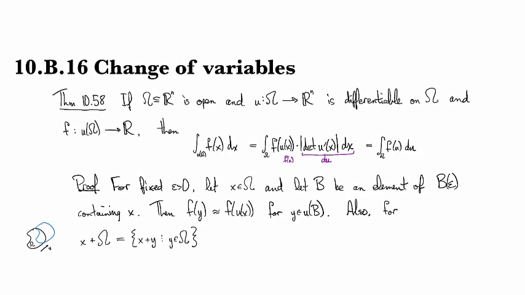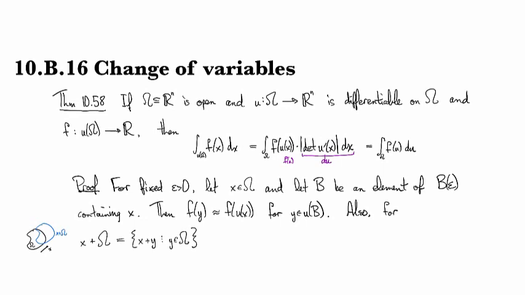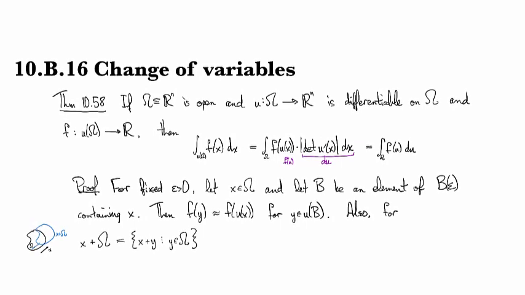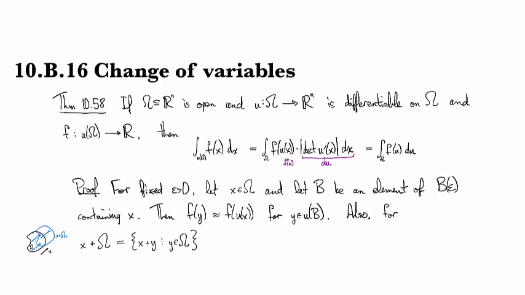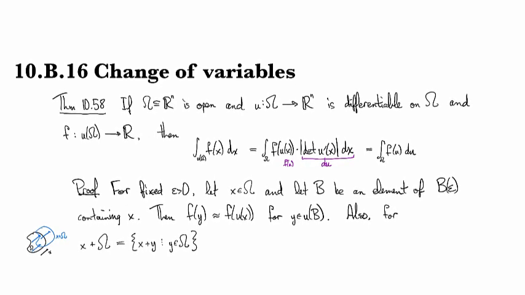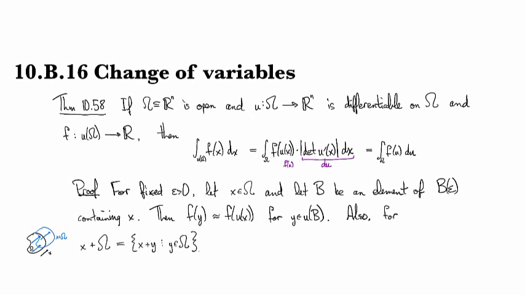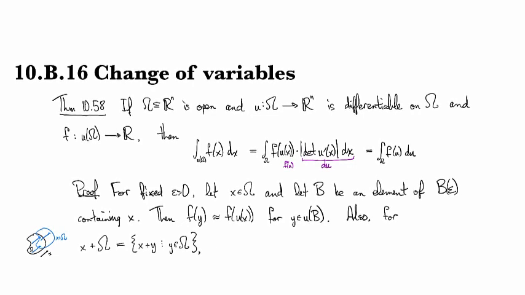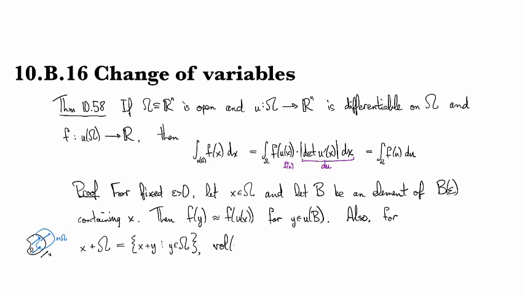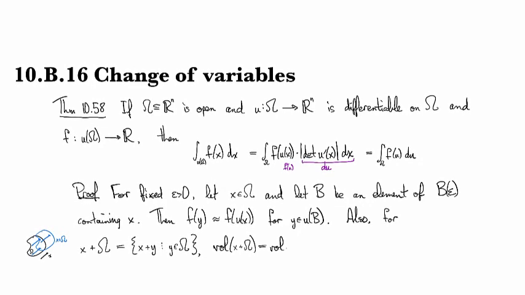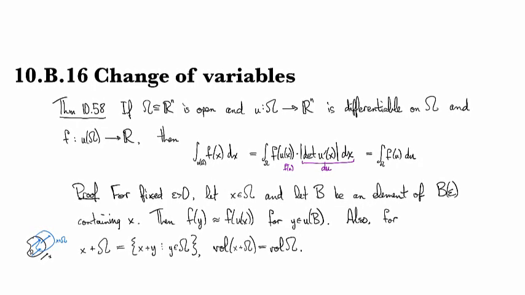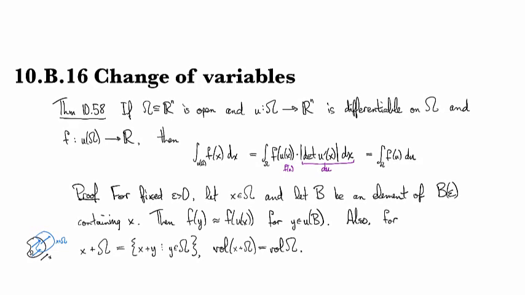So this blue one here is x plus omega. I've just shifted every point in omega by x. Then, since it's just a simple translation, the volume of x plus omega is equal to the volume of omega. All I've done is moved it. I haven't actually changed its size.